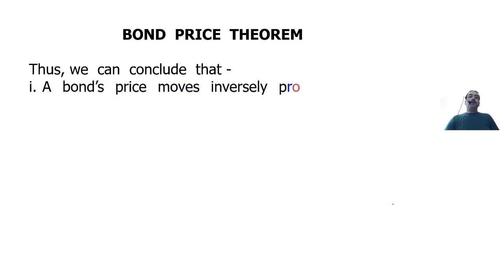Number one, a bond's price moves inversely proportional to its YTM. So as the YTM increases, the bond's price decreases. If the expectation or the yield of the customer increases, you have to issue at discount. So the price moves inversely with the YTM.